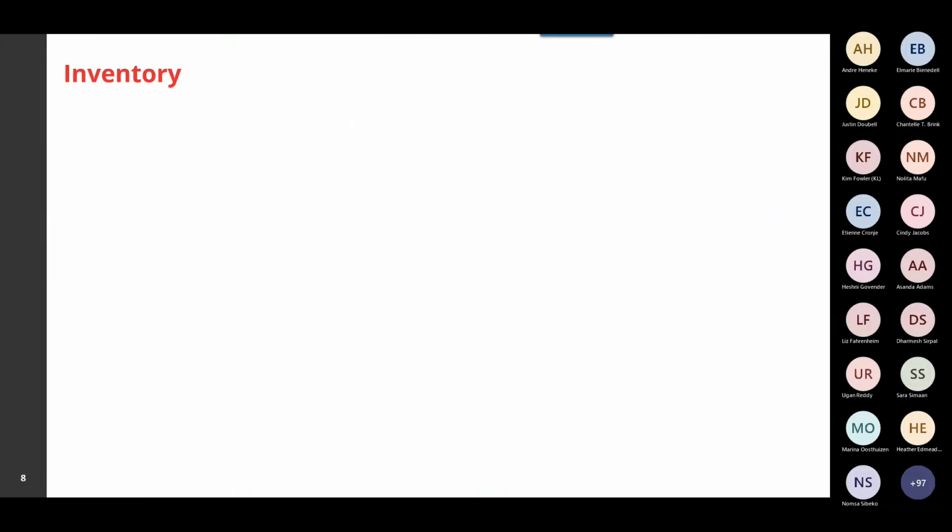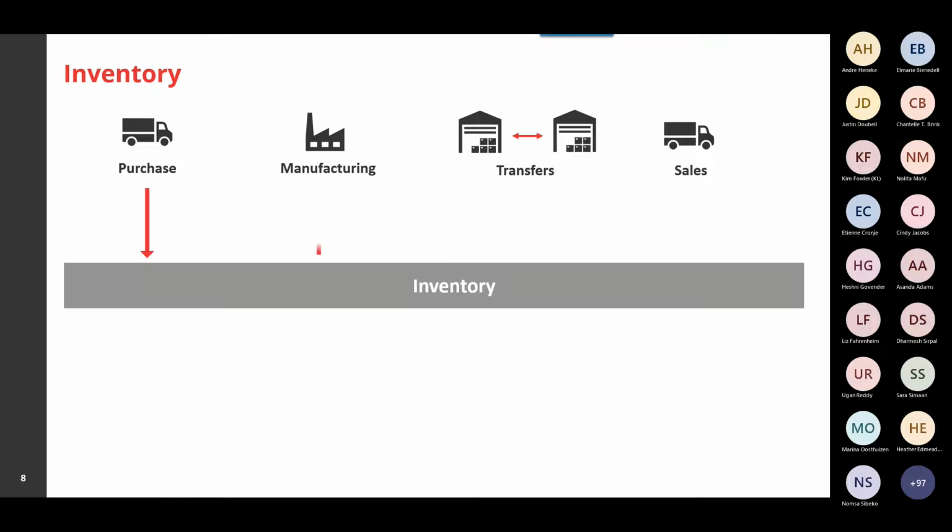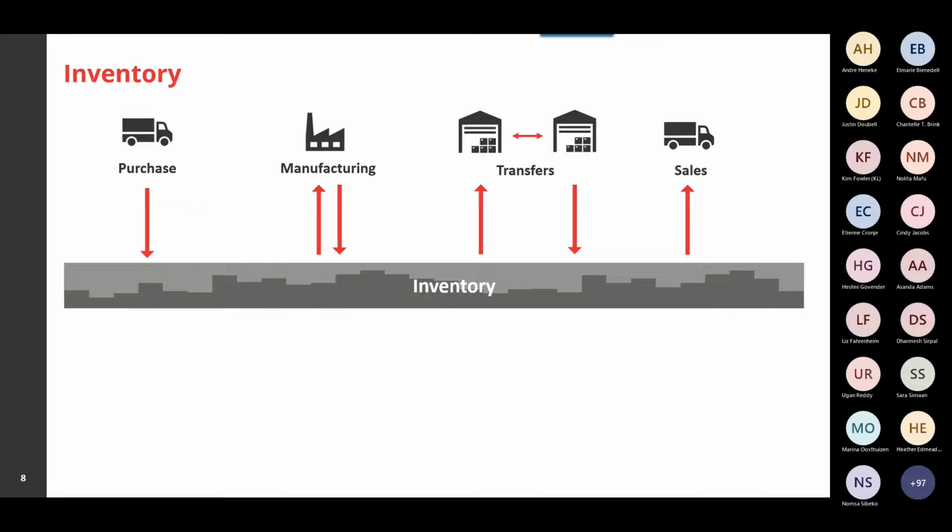Let's move on to a more complex situation than a received not vouchered account. That's inventory. With inventory, you have a lot of things happening. You purchase goods, you manufacture, you transfer, you sell. So your inventory is constantly on the move, constantly changing.